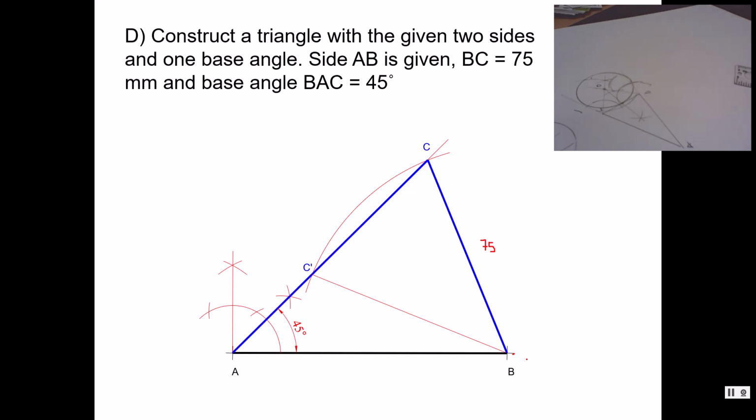Okay, after you got the point C, where it is actually going to touch the two sides, this is C with the apostrophe, and this is the real C. So from this C, you're going to draw the line so that you're going to get the triangle as requested. So again, I think it's really straightforward, and I would like you to try it.